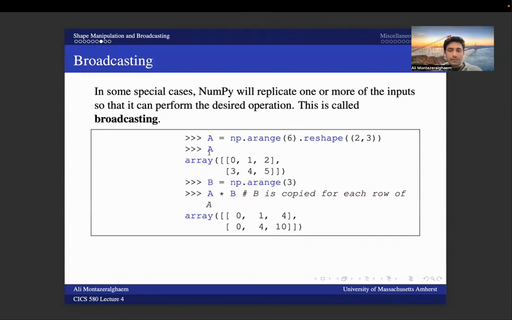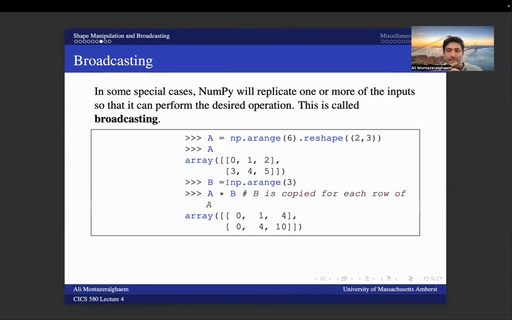So for example, here we generate A, the same as the previous example, with shape 2 by 3. And we also generate B, which is a one-dimensional array, and the size of the array is 3, right?